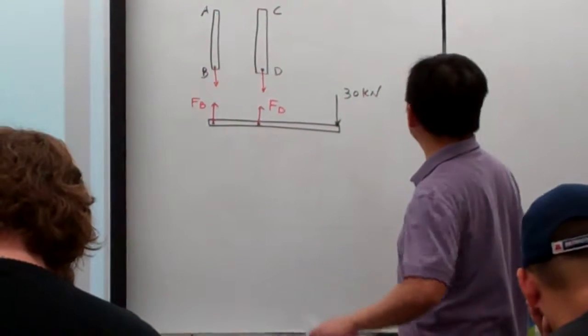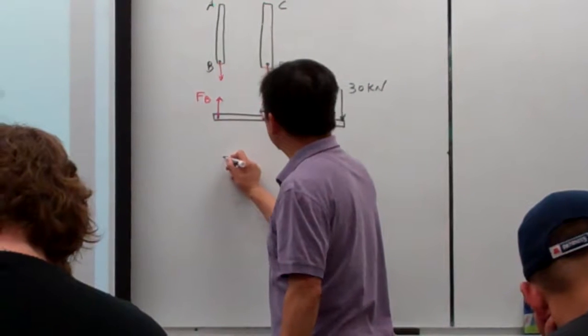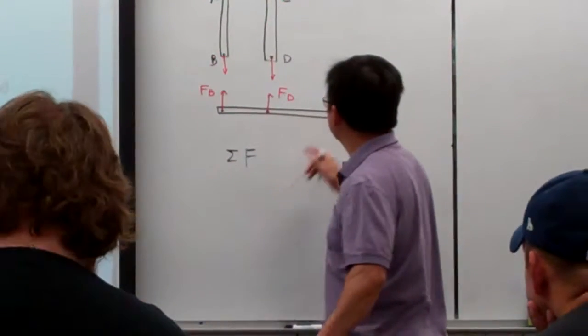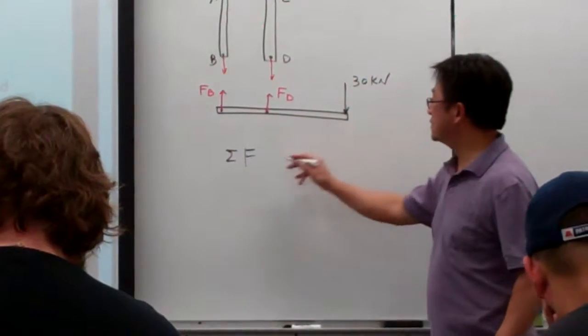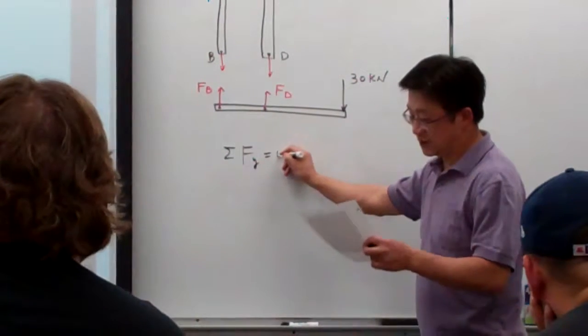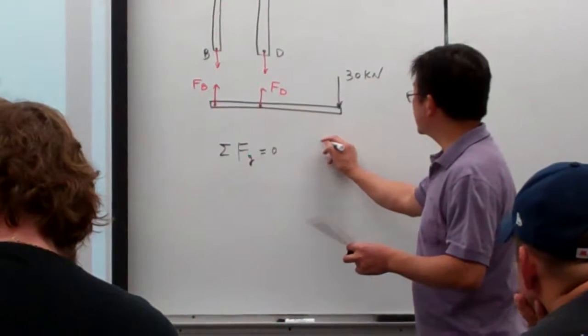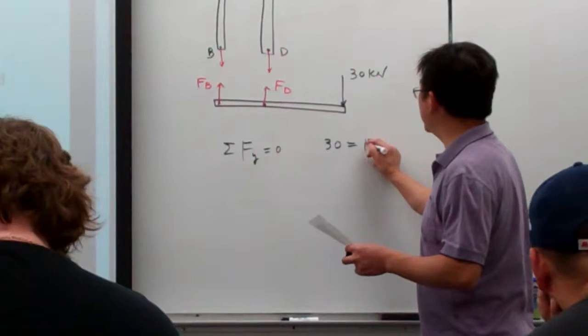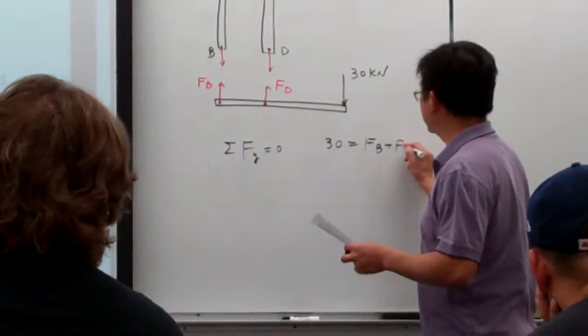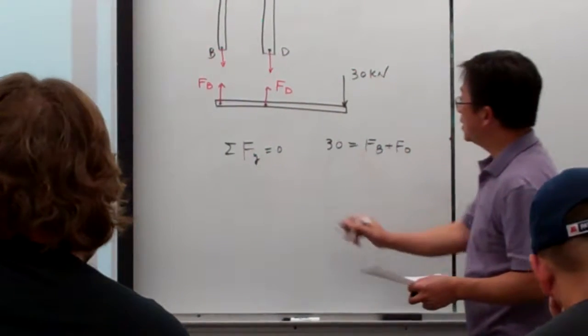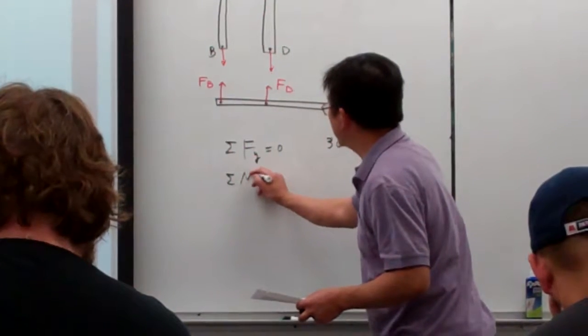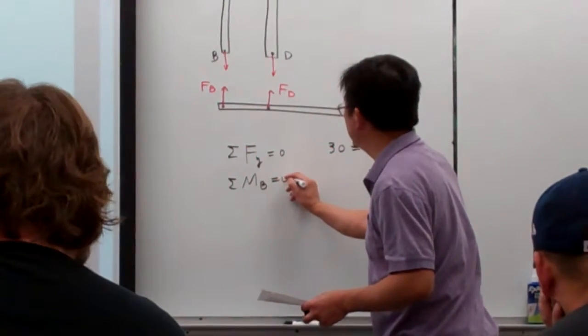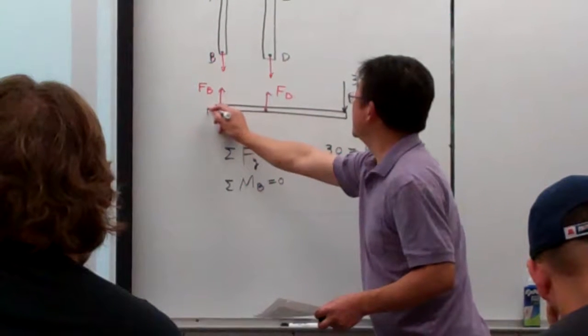And now we take the equilibrium. The first one is the force equilibrium in one direction equal to 0. Then we will get 30 equal to FB plus FD. And also, for example, we take the moment about point B equal to 0.